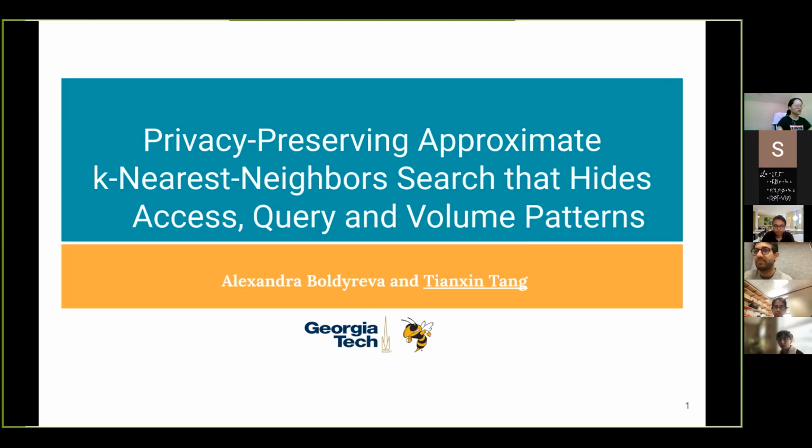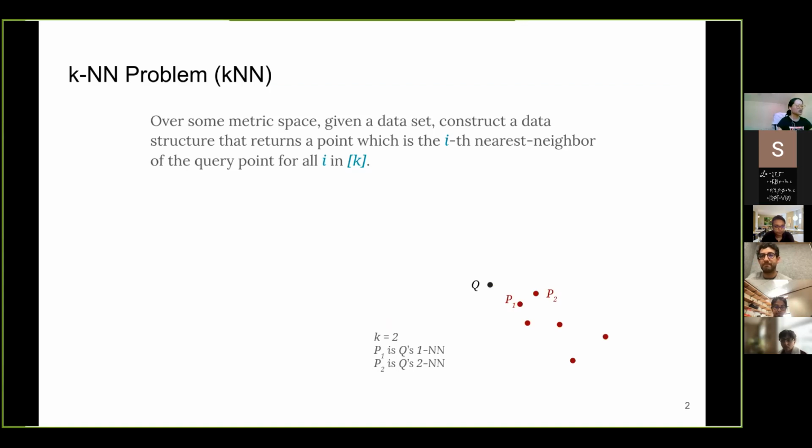Hello everyone. So today I'm going to present a joint work with my advisor, Sasha Botirever, on the topic privacy preserving approximate KNN search that hides access, query and volume patterns. So let's get started by looking at what KNN is.